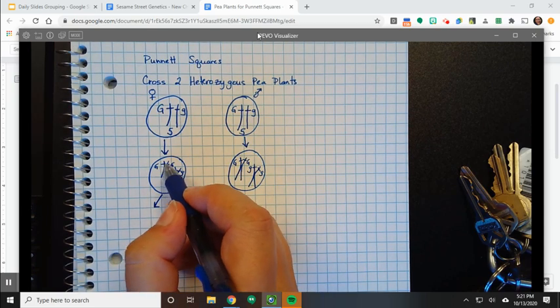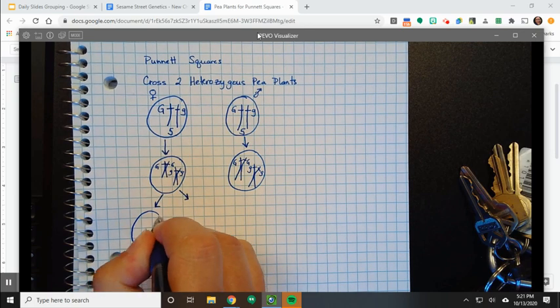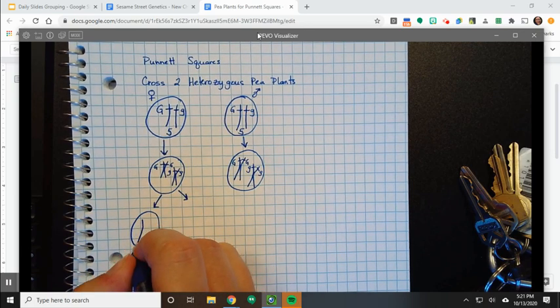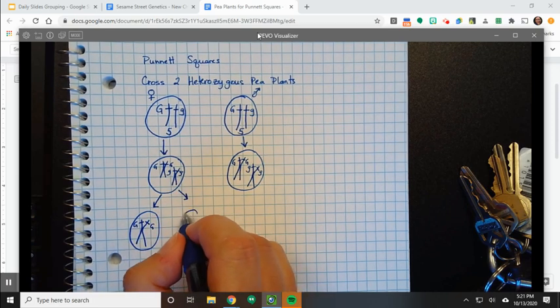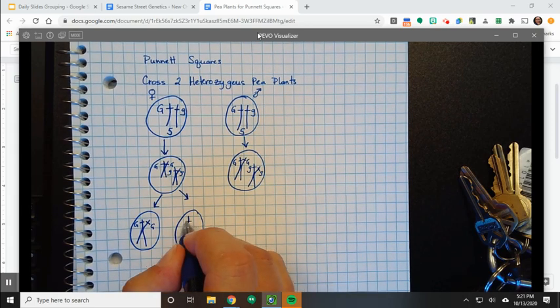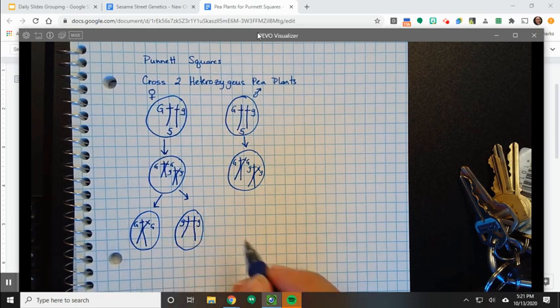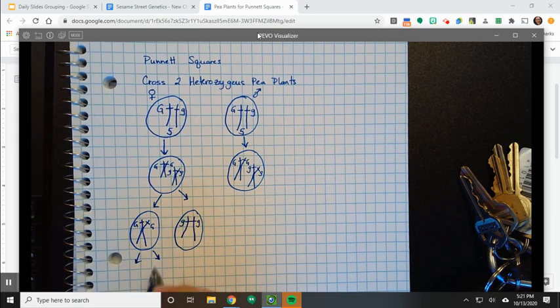So now this chromosome pair is going to go into one of the gametes. And this chromosome pair is going to go into the other. Law of independent assortment, doesn't really matter which one these go into. They just go into 2 different cells here. Then these 2 are going to split out. And we're going to get all 4 of the gametes form.